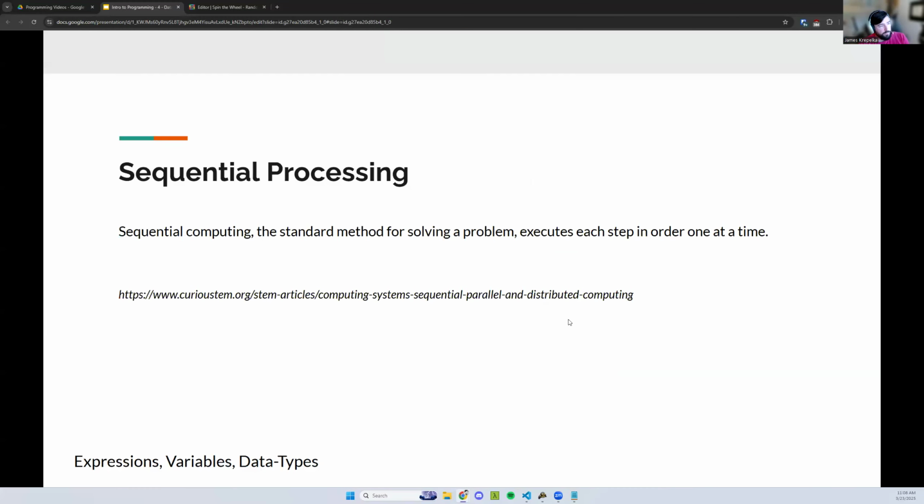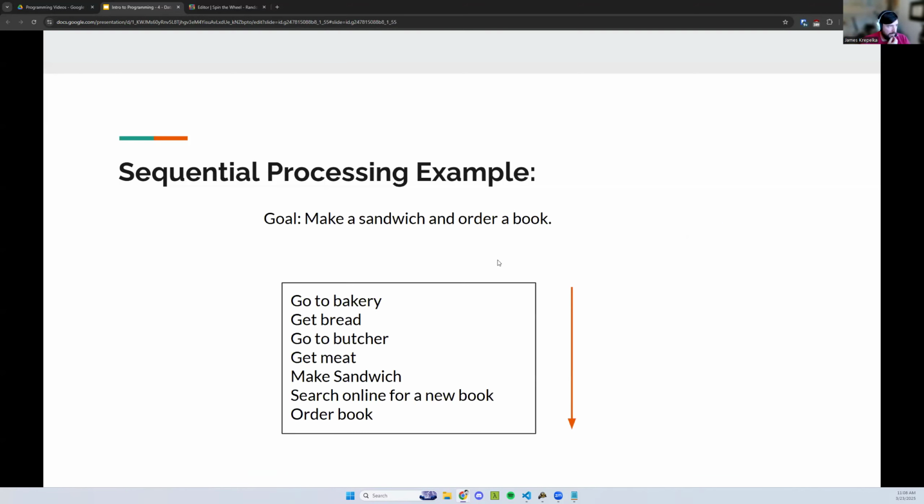We talked about sequential processing, where sequential processing or sequential computing is the standard method for solving a problem. It just means that when you get a list of instructions, you go step by step. You go one at a time, top to bottom. And here's an example that we talked about: making a sandwich and ordering a book. You may go to the bakery, you may get bread, you may go to a butcher, you may get meat, make a sandwich, search for a book, and order a book, right?